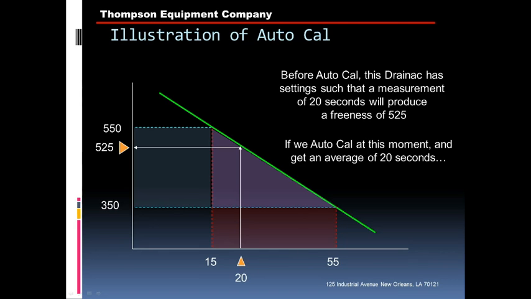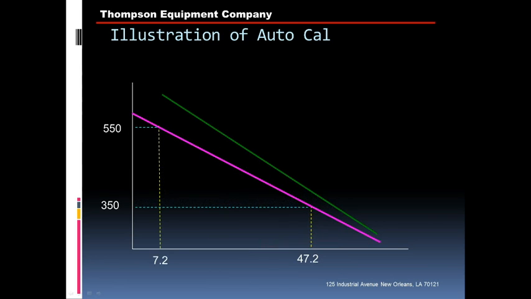Now, if the Drainac is producing evaluations of 20 seconds at this point, that being what your stock is doing, and if someone were to hit AutoCal at that point, what would happen is this. You would get a redefinition of the calibration. The 350 to 550 wouldn't change, but your time values would shift down to 7.2 to 47.2 seconds.